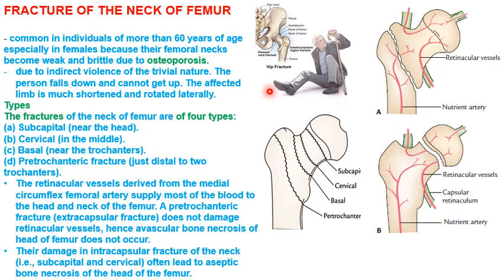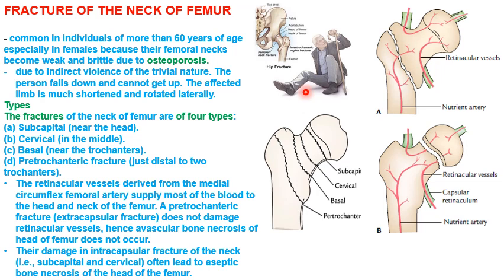So the fracture of neck of femur is more common in individuals more than 60 years of age because of the femoral neck becoming weak and brittle due to osteoporosis, which is an age-related disease.